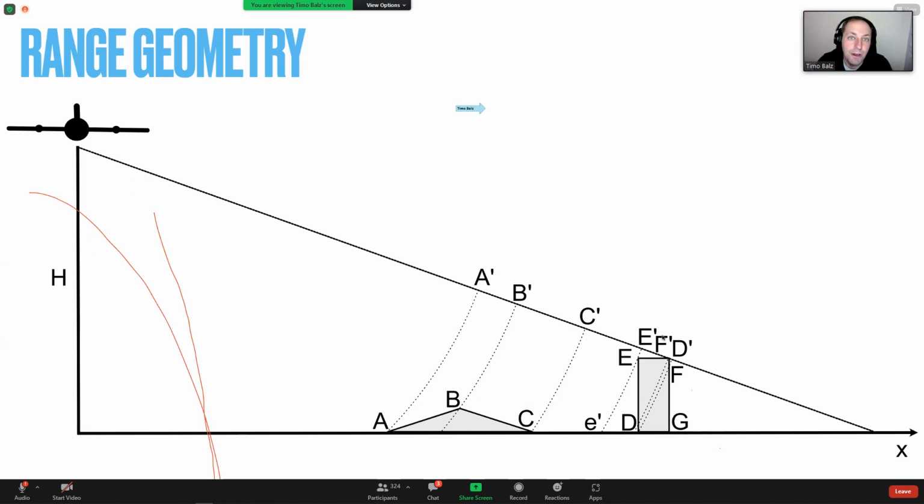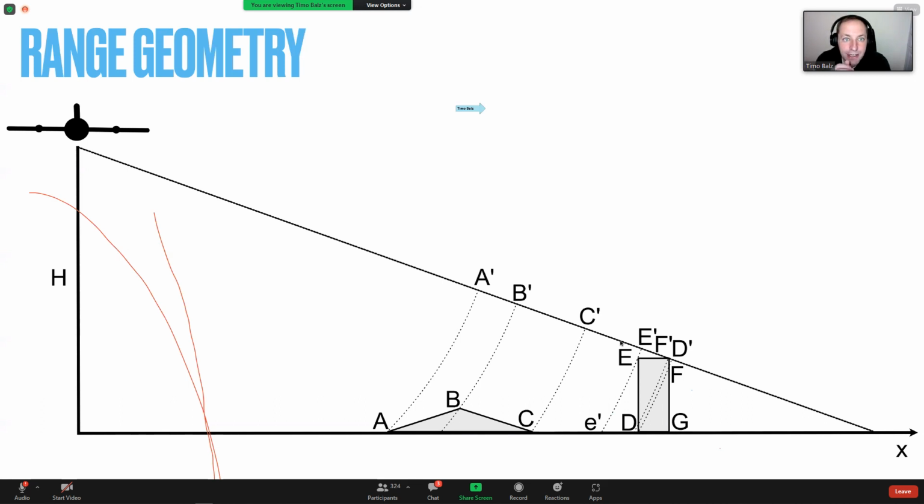And this effect is called layover. That's the so-called layover effect. So E is then before D. And this effect has even one more problem. This point on the ground, the small e, is the point on the ground that has the same distance to the sensor as E. And the signals from this point on the ground and this point on the building will also be returned at the same time, which is to say, in the end you can't separate them.